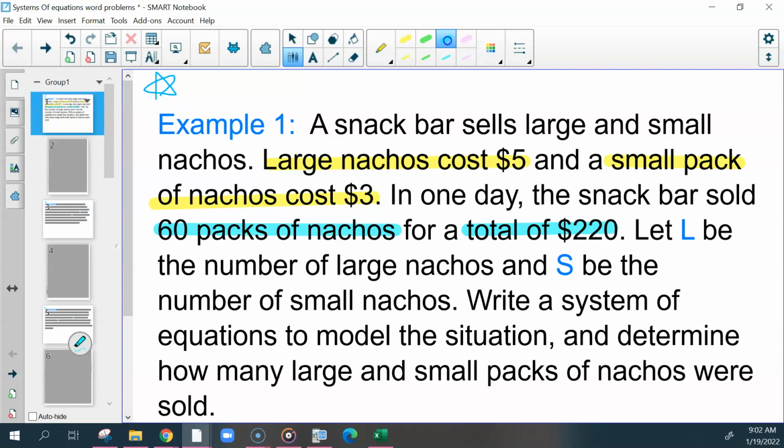Anything else we find important? The variables. The variables. And what are we looking for? How many packs of nachos there were of each type?